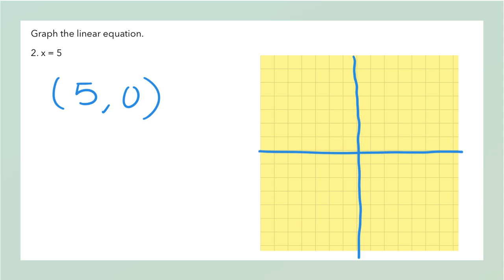So we know that 5, 0 is 1, 2, 3, 4, 5. Is it going to be a horizontal or a vertical line? Vertical line. And that's my answer.